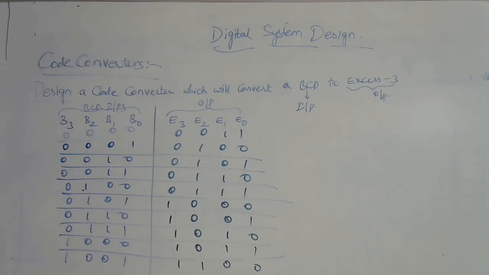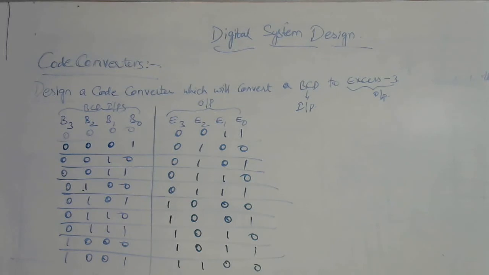Now, as we have 4 inputs, we need to draw a 4 variable K-map. And as we have 4 outputs, we need to draw 4 such K-maps. If we observe the outputs, we do not have the numbers 0, 1 and 2 as well as 13, 14 and 15.